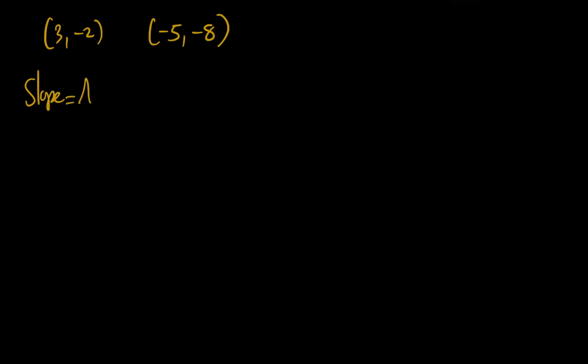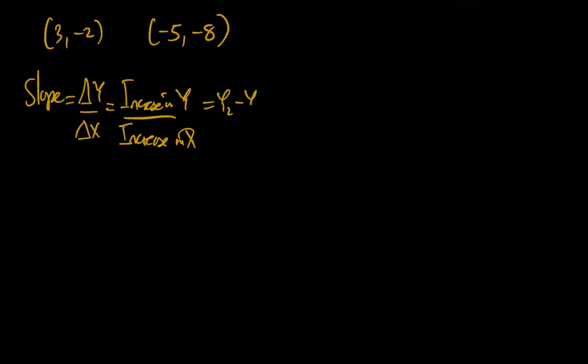Okay, so the slope is the change in y over a change in x, or an increase in y over an increase in x. And that gives us y2 minus y1 all over x2 minus x1, in that order.